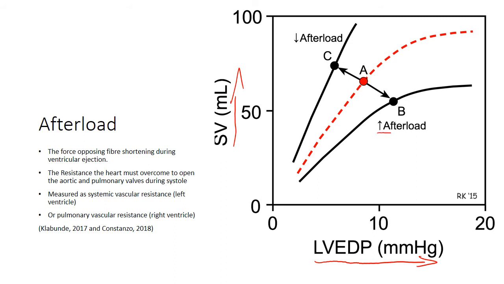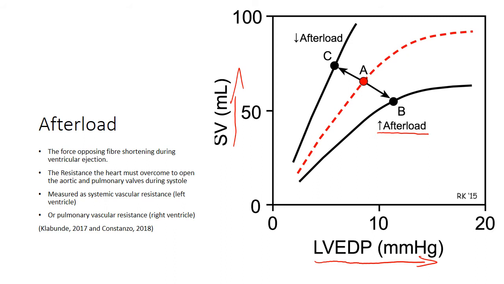So as afterload increases, we're actually left with a greater pressure within the left ventricle at the end of diastole, which means that our stroke volume decreases. So essentially, as we increase the force needed to open the aortic valve, so for example in hypertension, we're going to be left with a smaller stroke volume.